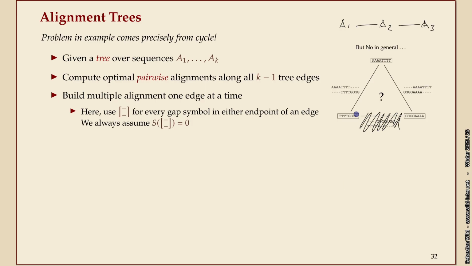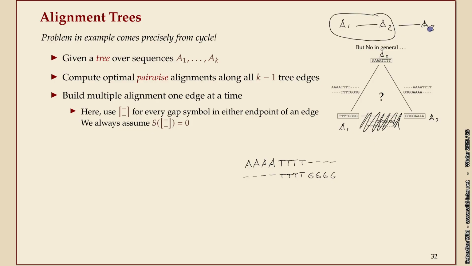Then whatever order we pick, say we first take these 2. So we start with this A, T, T, T, and then 4 gaps. So this was, say, A1, this was A2, and now we've cleared this edge.